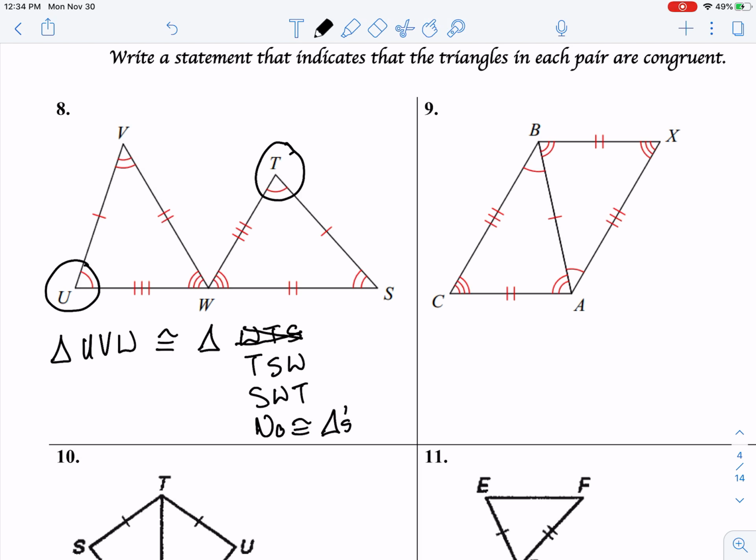So therefore, I labeled this triangle starting out with U. My triangle on the right must start out with T. Okay. And now from here, I have 2 options. It could be TSW, which is what I have, or it could be TWS. Okay, so I guess in actuality, there's 5 answer choices.